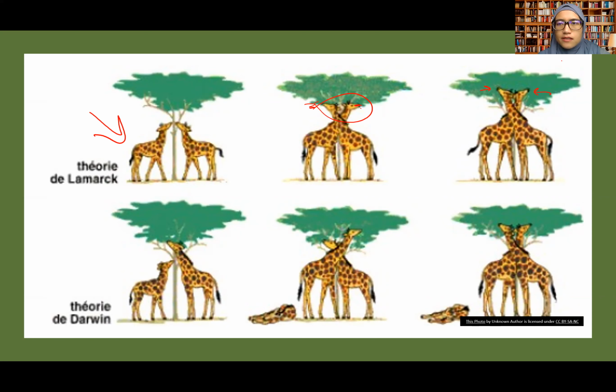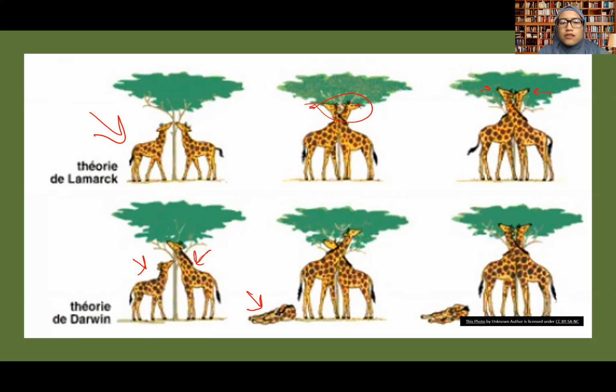And in this process, none of the giraffes die. However, Darwin's theory is when there are 2 giraffes, one is a short giraffe and one is a slightly taller giraffe, the short giraffe that cannot reach the food source will eventually die because it just cannot eat.